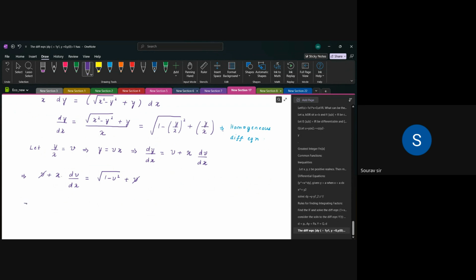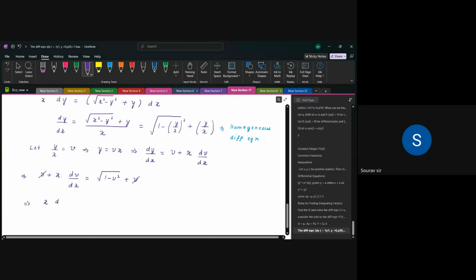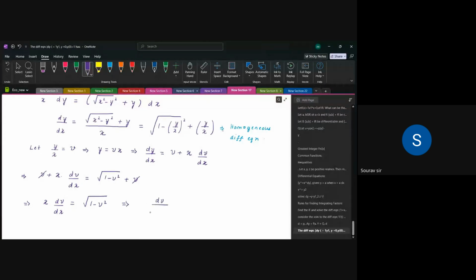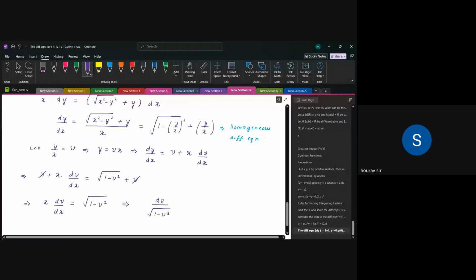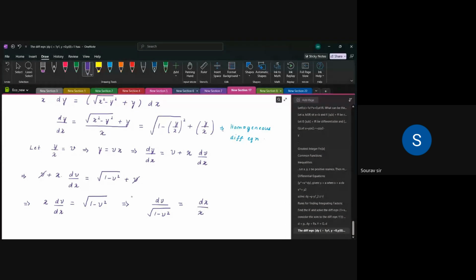So v is out. So x into dv by dx is equal to under root of 1 minus v square. So dv by under root 1 minus v square is equal to dx by x, and then integration.